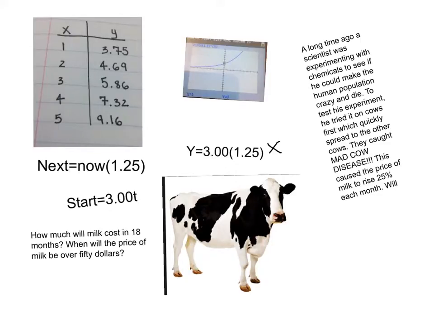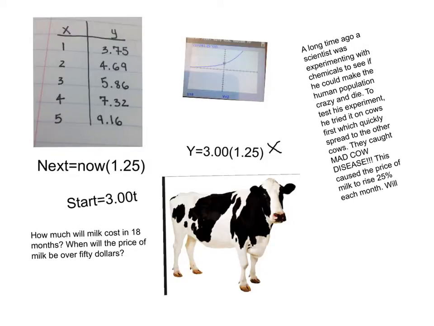Our first question is, how much will milk cost in 18 months? To do this, we use our equation, and then we replace x with 18, and we get $55.51. For our second question, it says, when will the price of milk be over $50?